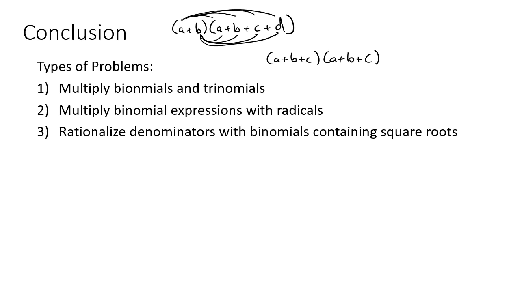Make sure you know that multiplying by the conjugate is the way to get rid of those square roots. All right, and it is important to note that that technique does only work with square roots. If you had a different degree of root in the denominator, like a cube root, things get much more complicated at that point, and it's beyond the scope of this course. So you'll only ever be asked to rationalize denominators involving square roots, at least binomials with square roots.